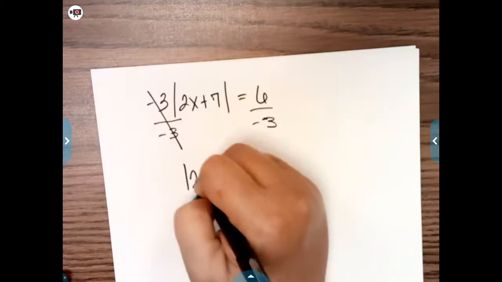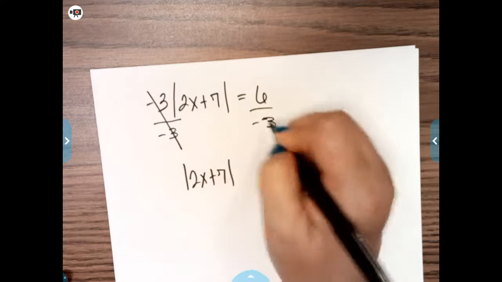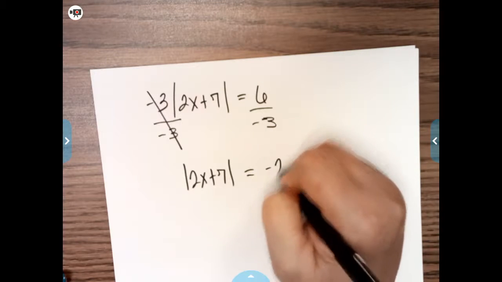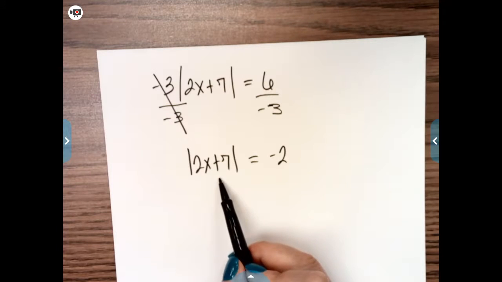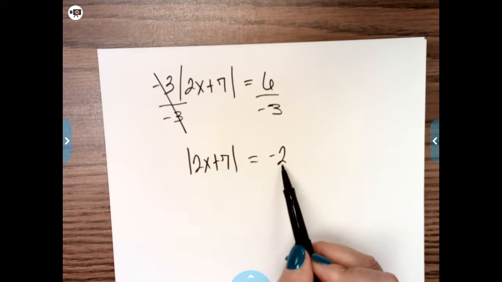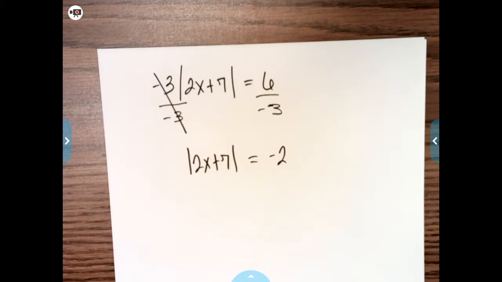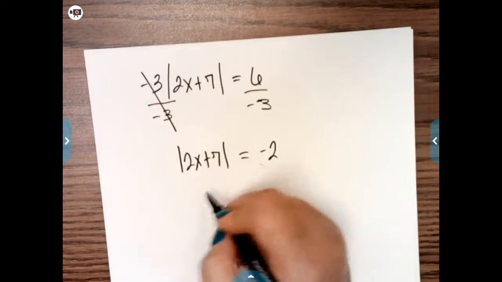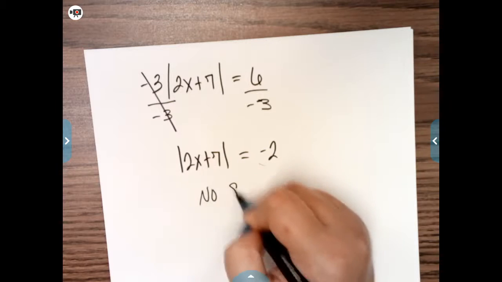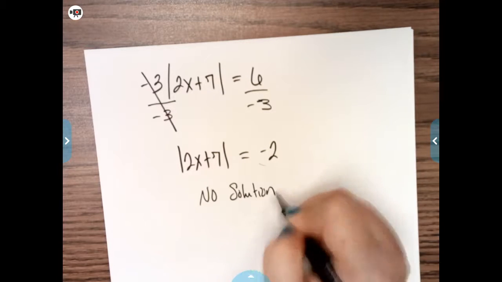So now we've got the absolute value of 2x plus 7, and then 6 divided by negative 3 is negative 2. Well, there's a problem here. Remember, we talked about the absolute value is the non-negative, which in turn is a negative or positive. But you can't start with a negative. So this one is actually a no solution. You can't do anything else with this one.